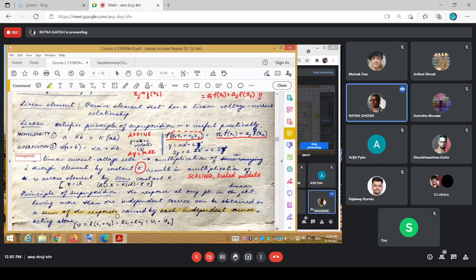That means if you've got one source V1 and the other source V2, for the source V1 you have a response Ri1. For the source V2 you have some response Ri2. And you can combine these two as the net effect. So what does that say?